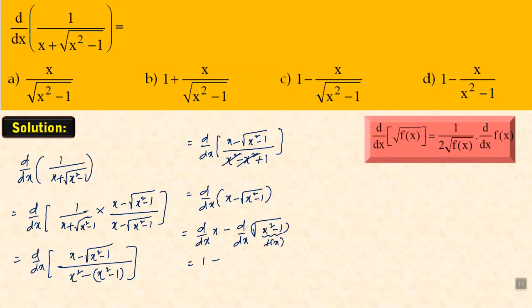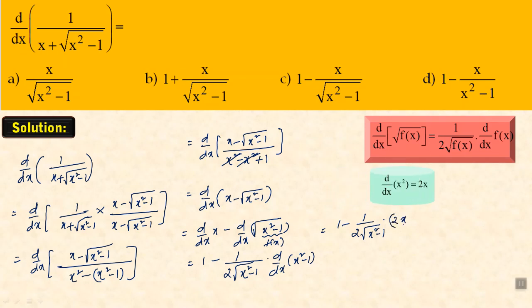D by dx of root f of x is equals to 1 by 2 into square root of f of x, that is x square minus 1, into d by dx of f of x, that is x square minus 1, that equals to 1 minus 1 by 2 into root of x square minus 1 into d by dx of x square, that is 2x, minus d by dx of 1.